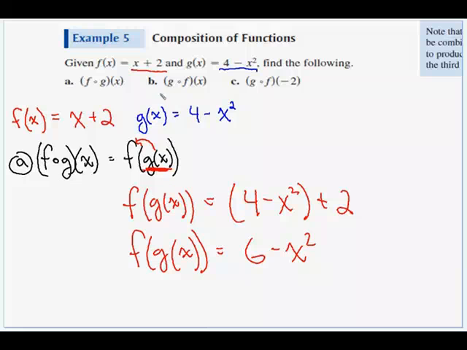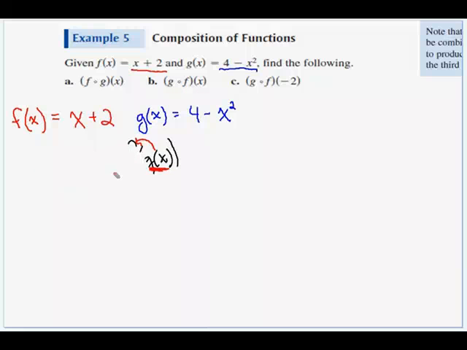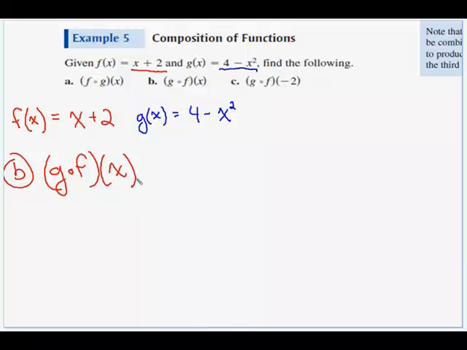Okay, for letter B, I'm going to flip it around. I'm going to do g composed with f of x, or g of f of x.